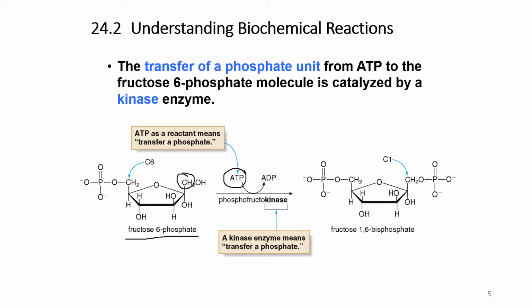So here's the number 6 carbon with its phosphate group. The enzyme is called phosphofructokinase. So it's telling us that kinase is adding a phosphate group to a fructose molecule. And here we are with the product, fructose 1,6-bisphosphate. So kinase transfers a phosphate group.